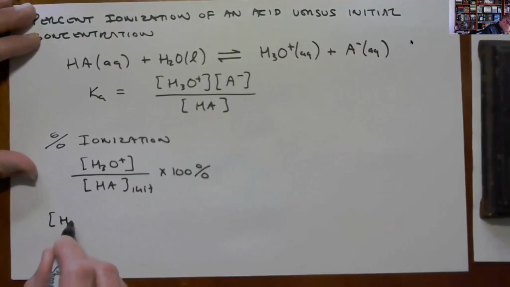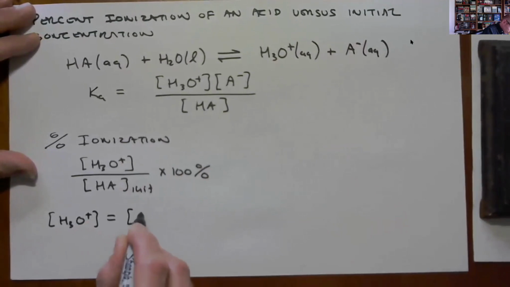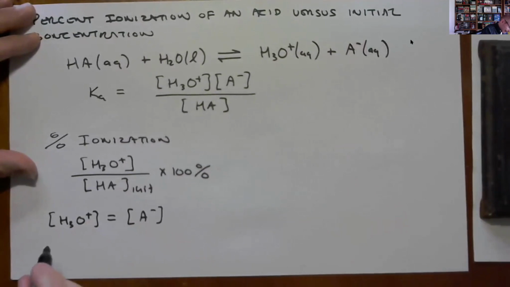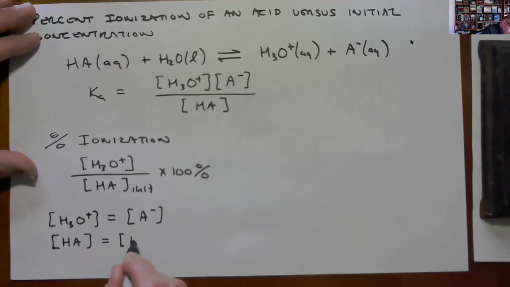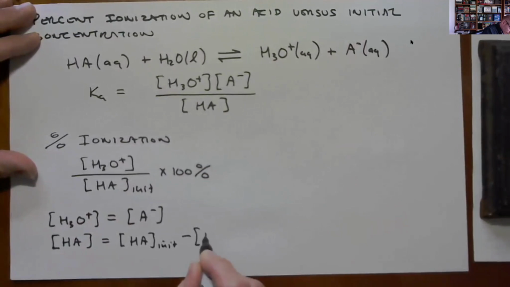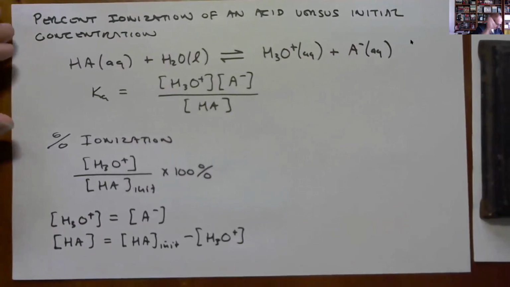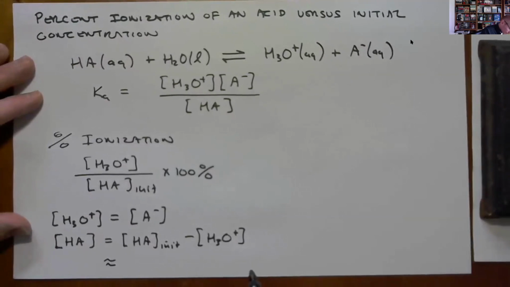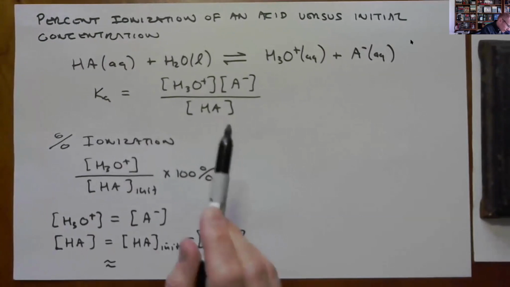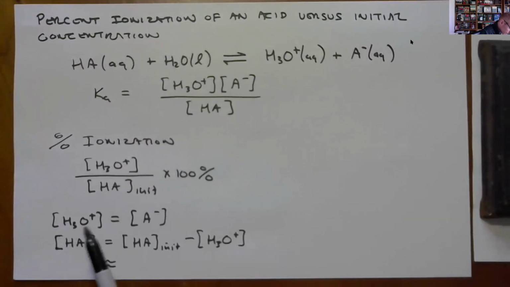Things we know. At equilibrium, these two are equal. And the equilibrium value of HA is just going to be equal to the initial concentration minus x, and this is, as we said, using the x is small approximation, which is consistent when the percent ionization is very, very small.